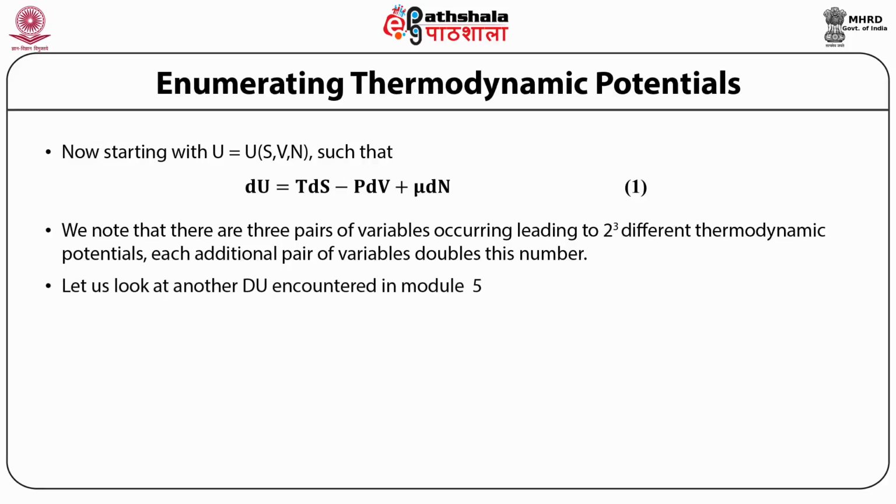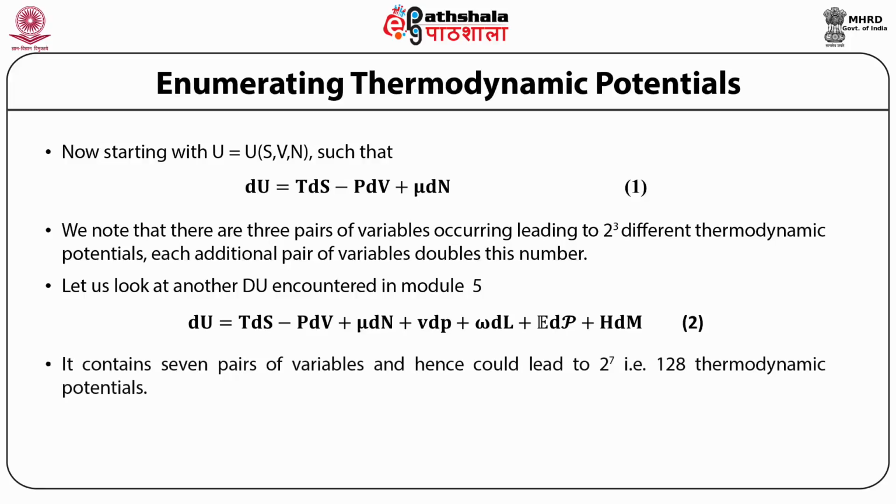Let us look at another dU encountered in module 5. dU is equal to TdS minus PdV plus mu dN plus V dP, where V here is velocity and P is momentum, plus omega dL plus E dP, where E here is electric field and P is the polarization, plus HdM.